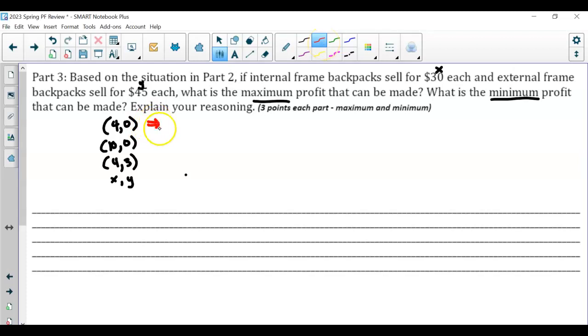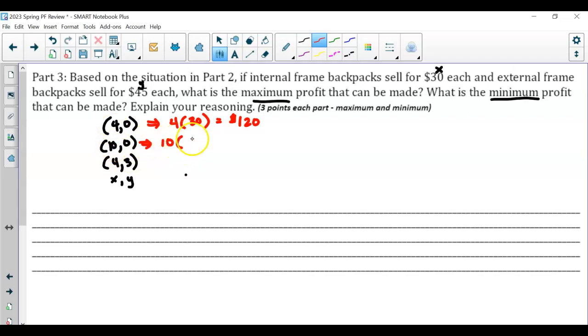So for example, if 4 is my X, then I have 4 times, well, what value is for X? The $30, and then there's just 0, so it's just 4 times 30, which is equal to $120. So this vertex represents a profit of $120 because that's for 4 of the internal. So then the next one is 10.